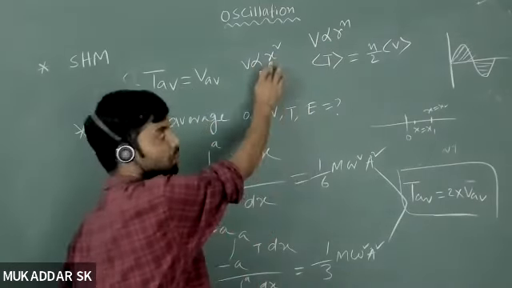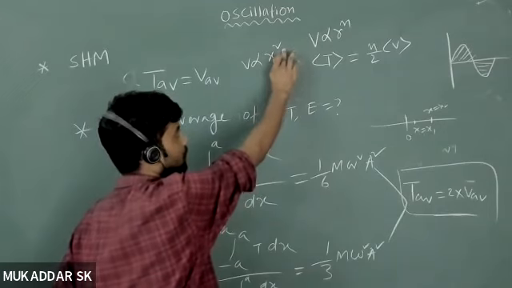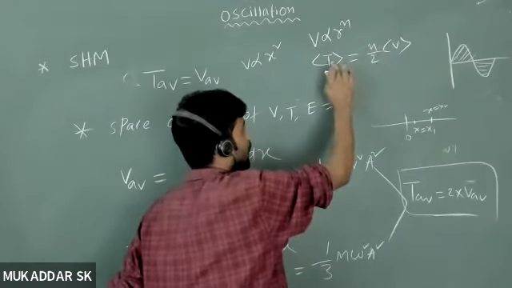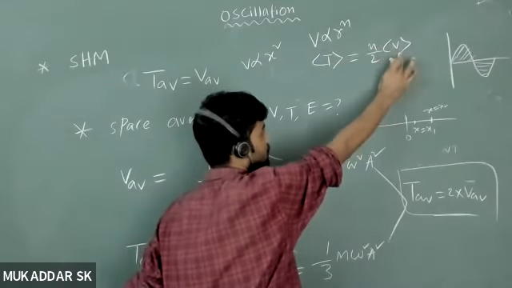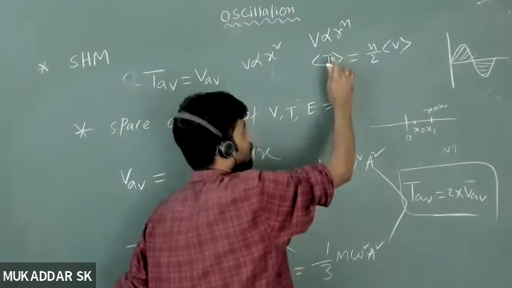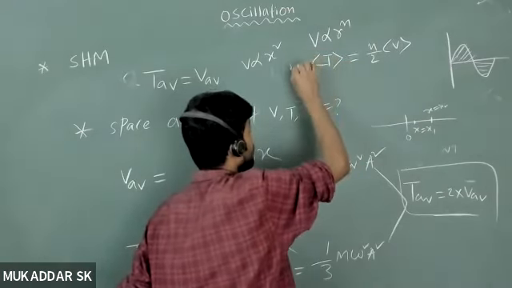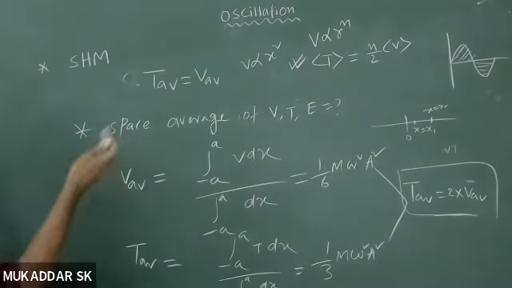X is also representing position, and the power n is how much? 2 here. So if you substitute n equals 2, you will get average value of kinetic energy equals 2 by 2 into average value of potential energy. It means when you are doing time average of kinetic energy and potential energy, it satisfies the Virial theorem.